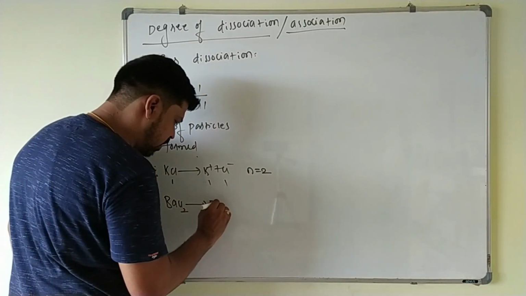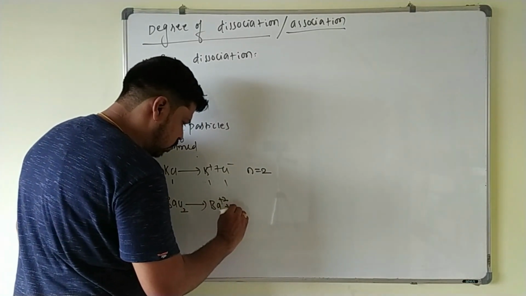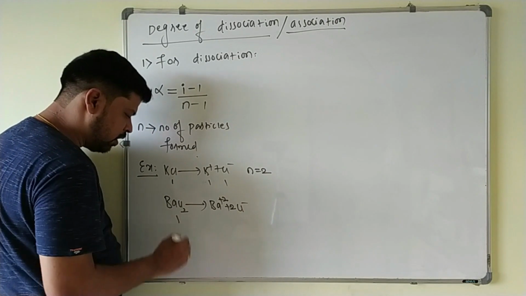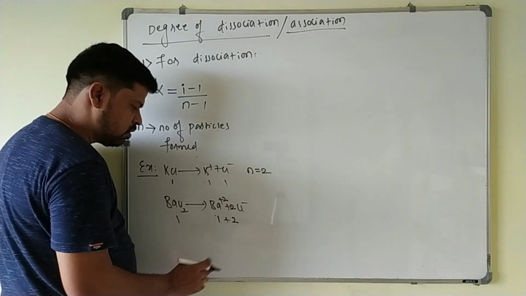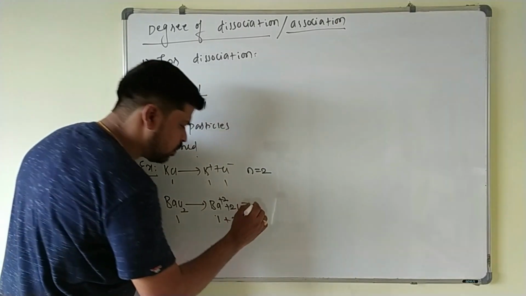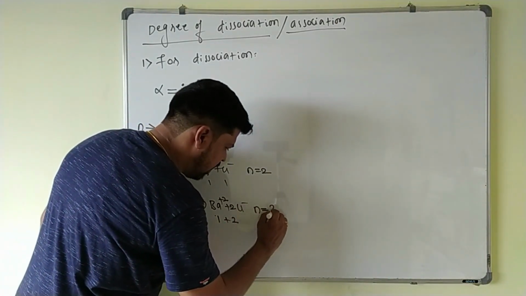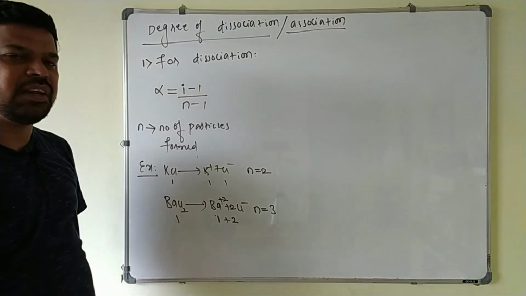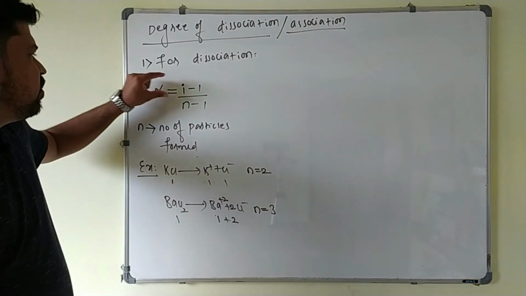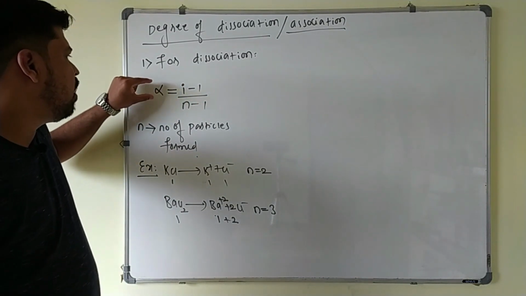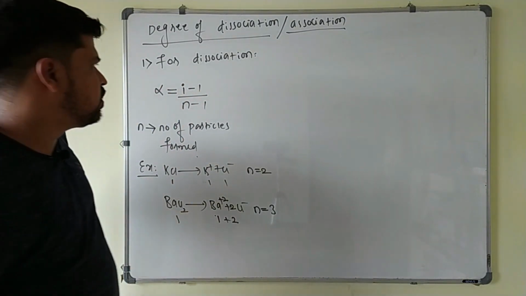This will produce a Ba2+ ion plus 2 times Cl minus ion. Before it is only 1, after dissociation it produces a total of 3 ions. So, the number of particles produced is 3. For BaCl2, n value is 3 here. Like this you have to take n value and I value, which you already know. So, by using this formula you can calculate the alpha value, that is, the degree of dissociation.